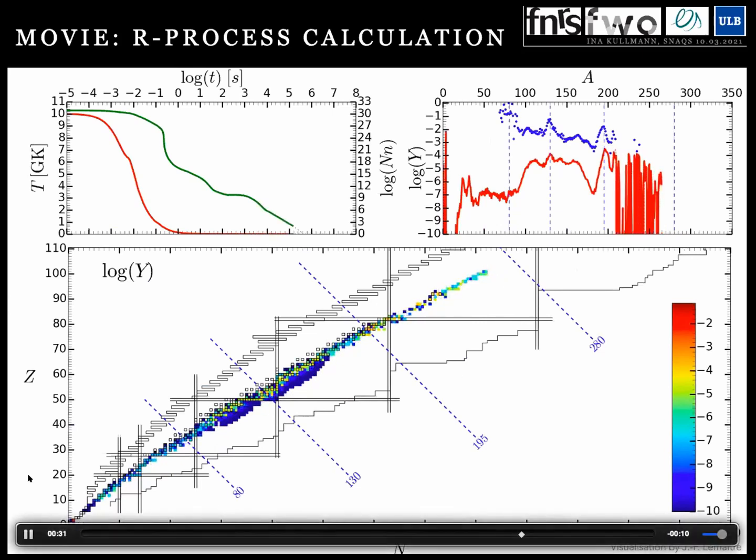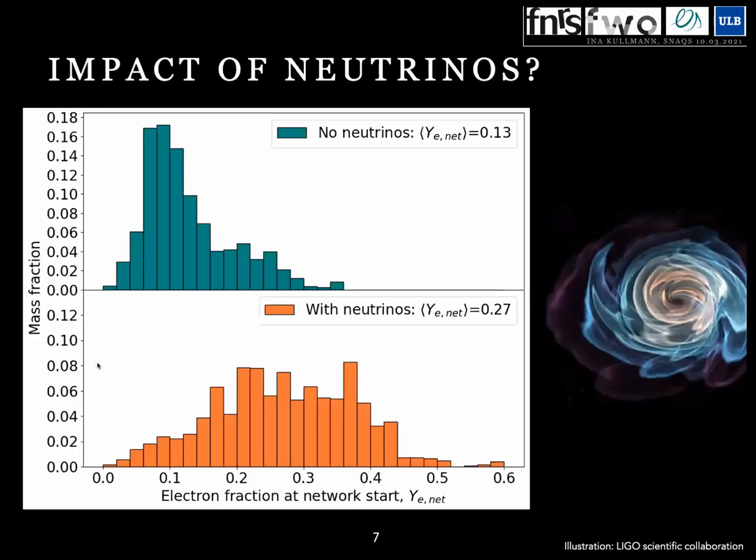So we do one such nuclear network calculation for all of our trajectories, and we do a mass-averaged sum to get the final results. So how do we study the impact of neutrinos? For this, we have created a case where no weak interactions have been included in our model, and we can compare this to our most sophisticated model, which includes the weak interactions.